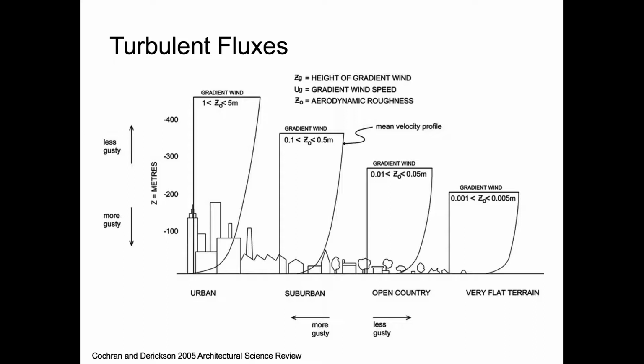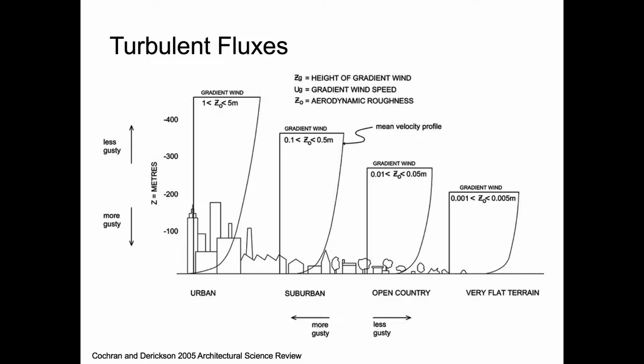What this schematic is showing us is how wind speed increases with height and that it follows a logarithmic profile, and that the profile changes depending on the surface characteristics. We can describe a friction velocity as a function of the atmospheric stability and the surface roughness. As we move from left to right on this schematic, we go from an aerodynamically rough surface to a smooth surface.